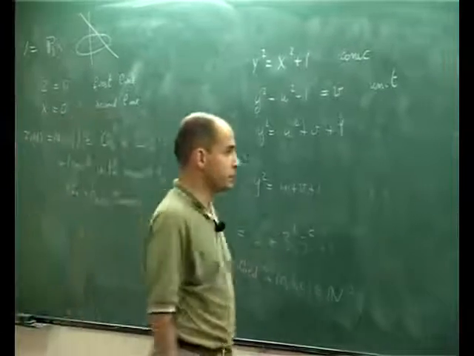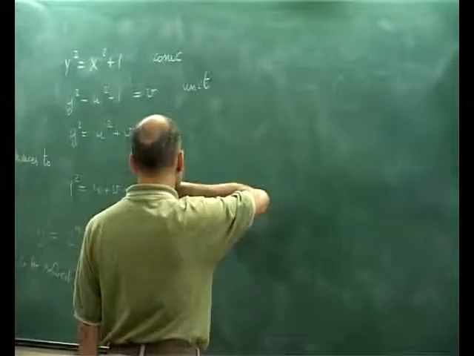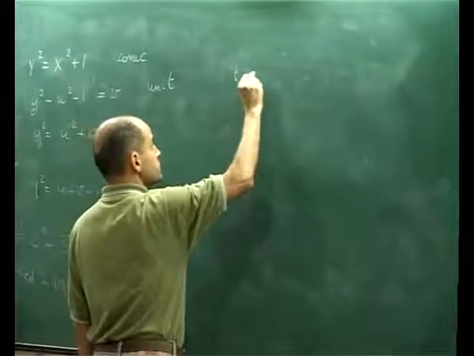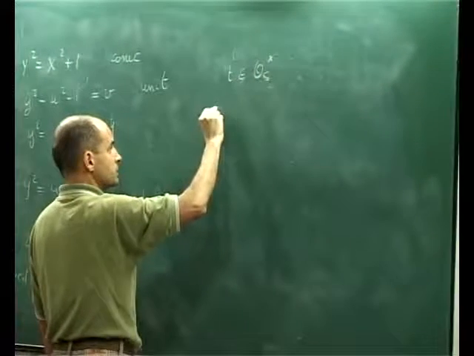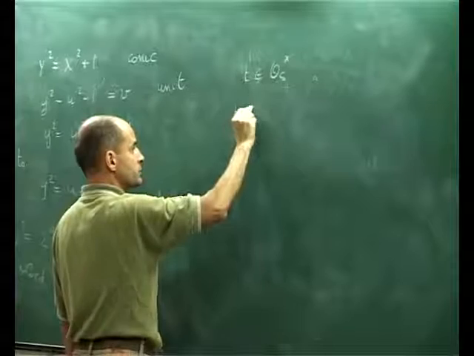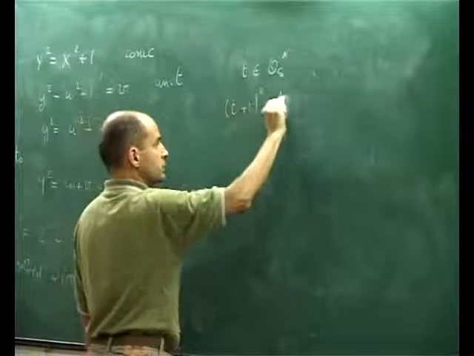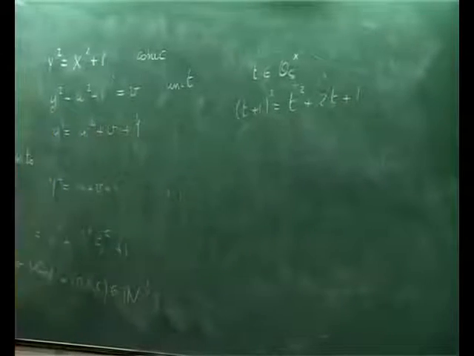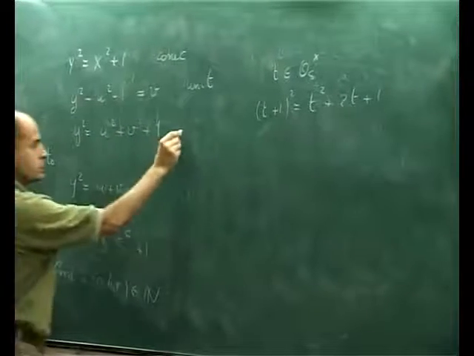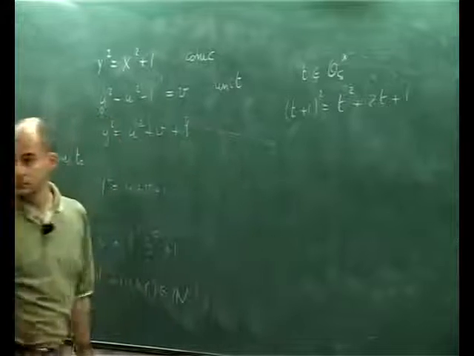Trivial solutions may be obtained in this way. If you take t, the units, you consider the identity t plus 1 squared equals t squared plus 2t plus 1.